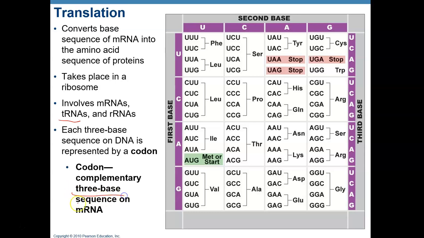So it's a 3-base sequence on the mRNA that the tRNAs will bring in an amino acid for. So for example, if the code on your mRNA was a CUC, then the tRNA that could bind that CUC would bring in the leucine amino acid.